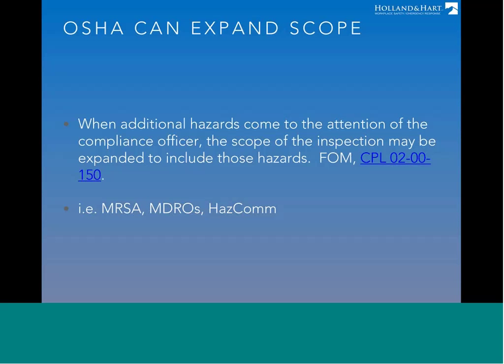Technically, the compliance assistance folks are prevented from talking to the enforcement division of the agency, so that if you seek assistance from compliance assistance and the person who comes out to your site from OSHA on the compliance assistance side learns of something that could potentially be a violation, they're prohibited from sharing that information with the enforcement side. Call me a skeptic as to whether those lines are honored, but just recognize that there is some risk anytime you're talking to OSHA about a condition that could give rise to a violation of a standard.